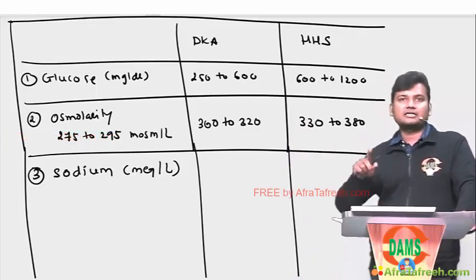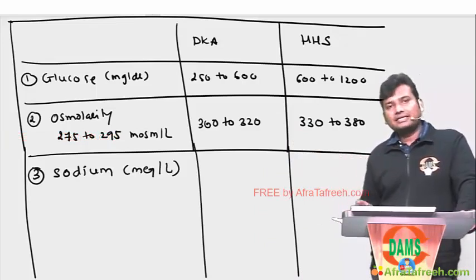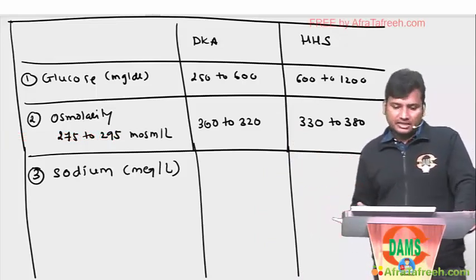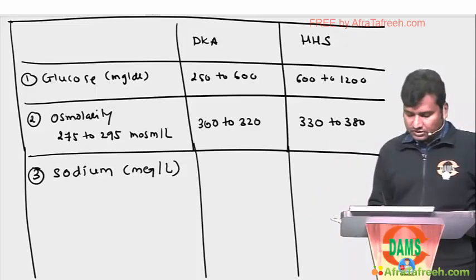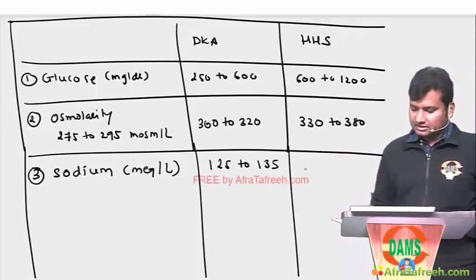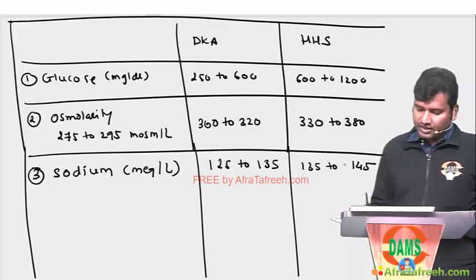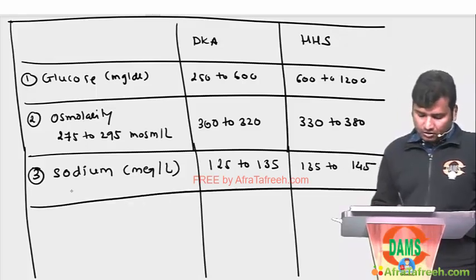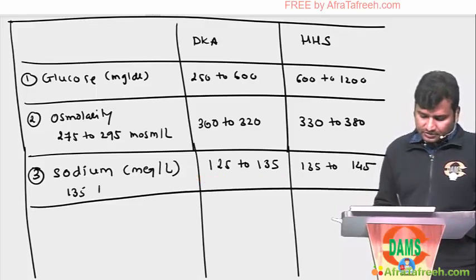This is the sentence from Harrison. Now in Harrison, in the table, it is given that sodium concentration in DKA is 125 to 135. In HHS, it is 135 to 145. Normal level of sodium is 135 to 145.